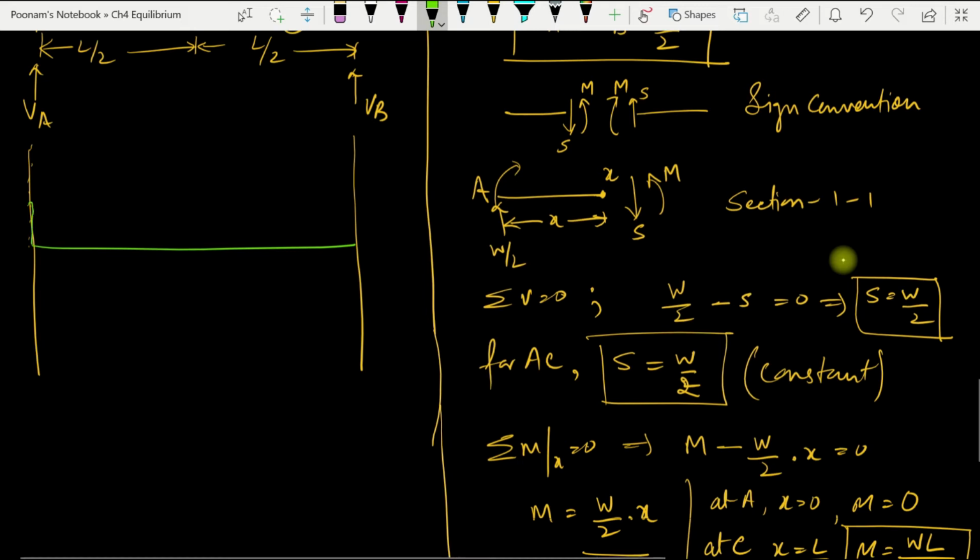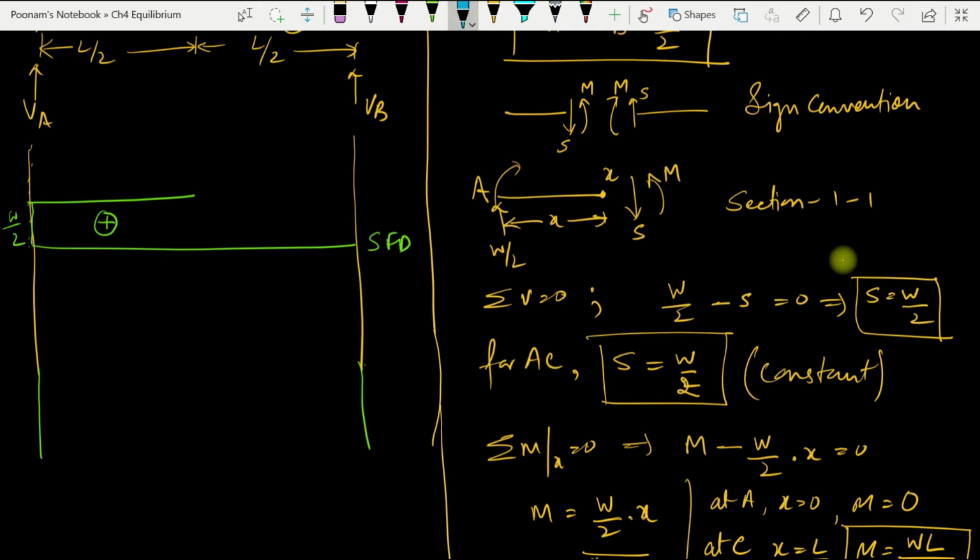The shear force diagram is positive, W by 2. This is my shear force diagram. And my bending moment diagram, for portion AC, is starting from 0 and going up to WL by 4, positive.